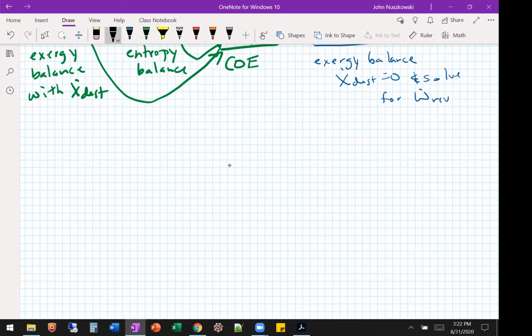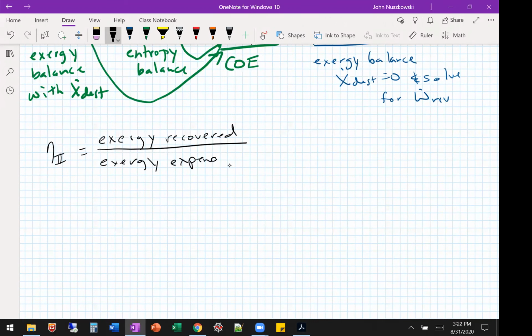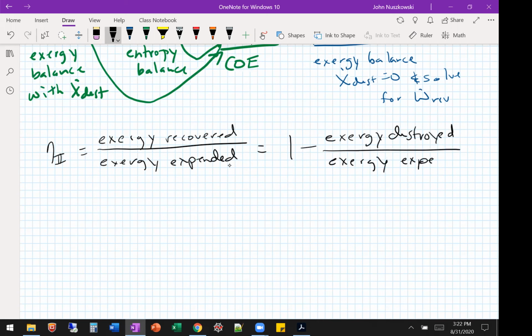So the second law efficiency is exergy recovered over exergy expended, which is 1 minus exergy destroyed over exergy expended. Okay. How would we figure out what's expended and what's recovered and what's destroyed?